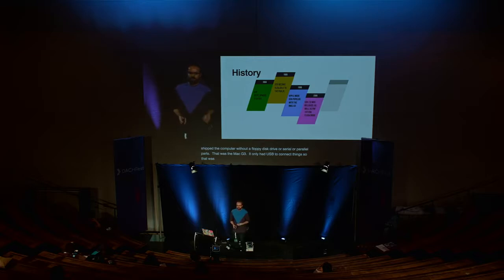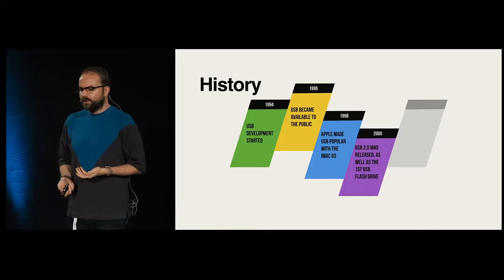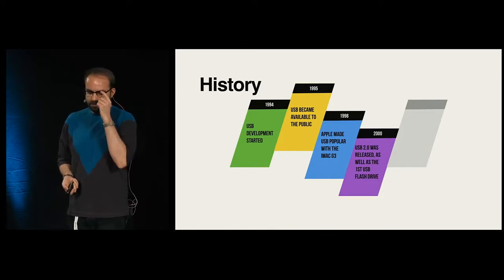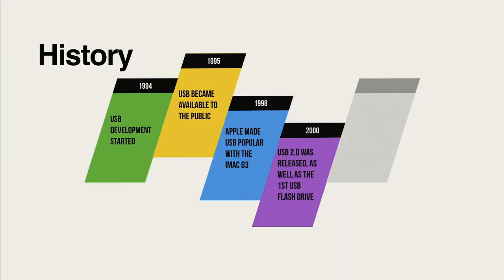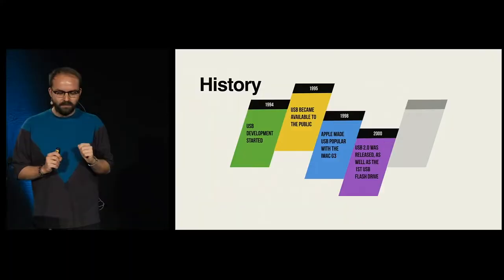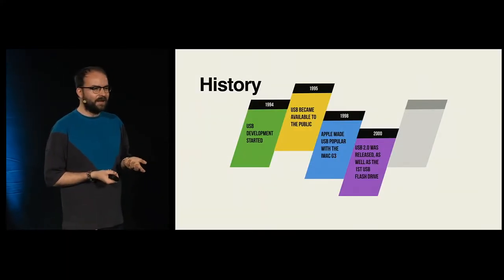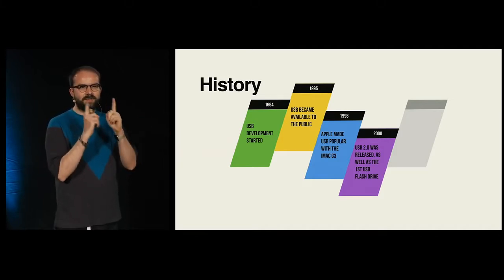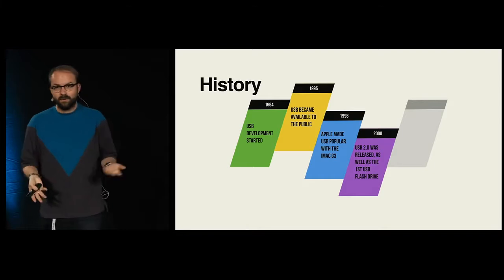In 2000, issues with the slowness of USB were resolved, and the USB 2.0 spec got introduced, as well as the first integrated USB storage device, which was a huge stick with a capacity of 8 megabytes. For many years after that, I think USB was associated with shoveling data onto some stick you can bring to your friends, sharing photos or music.